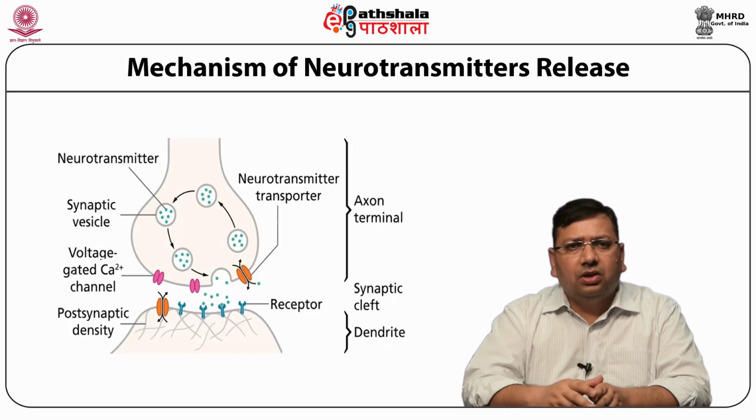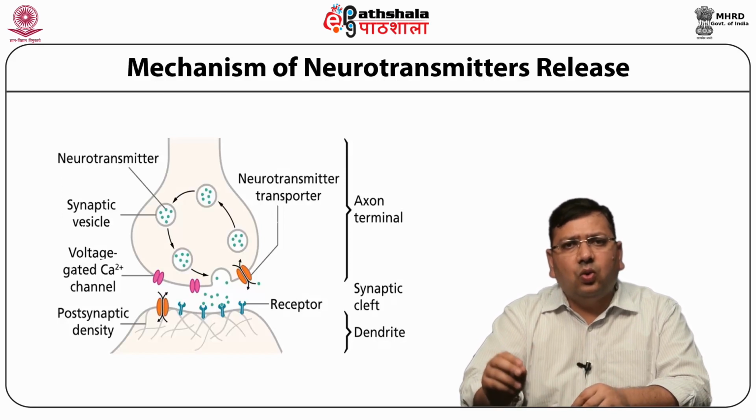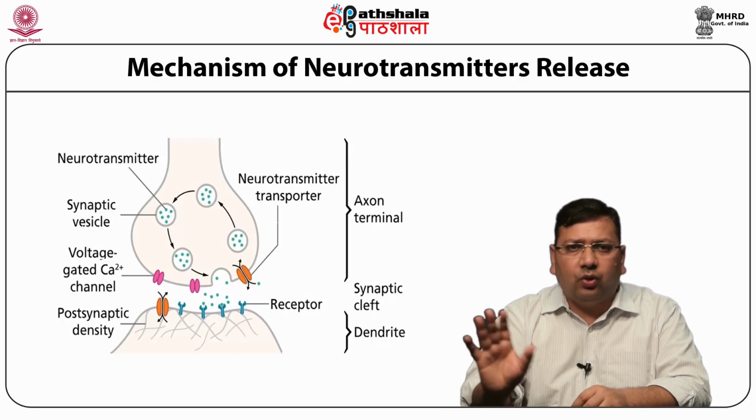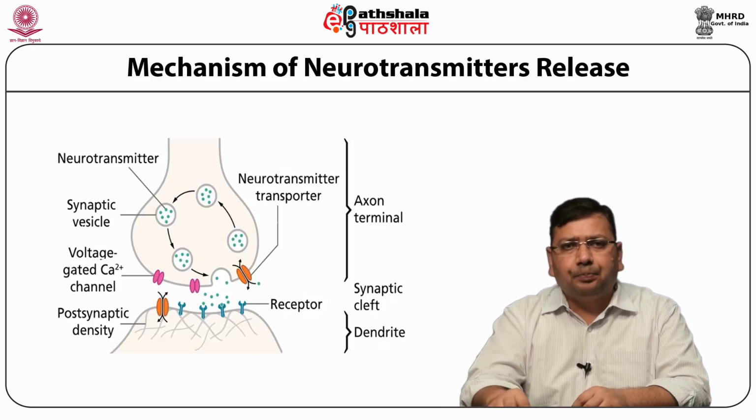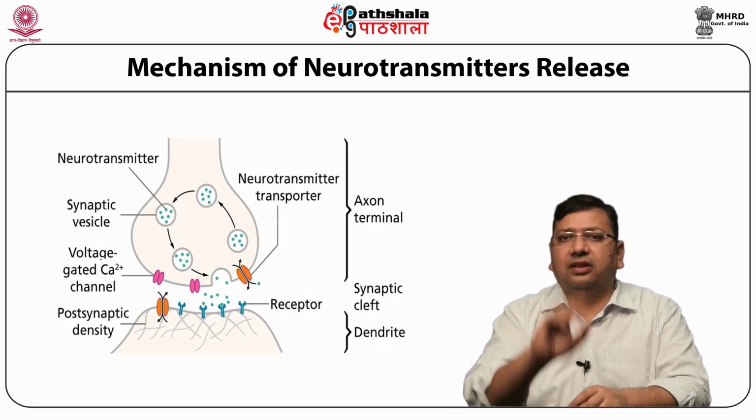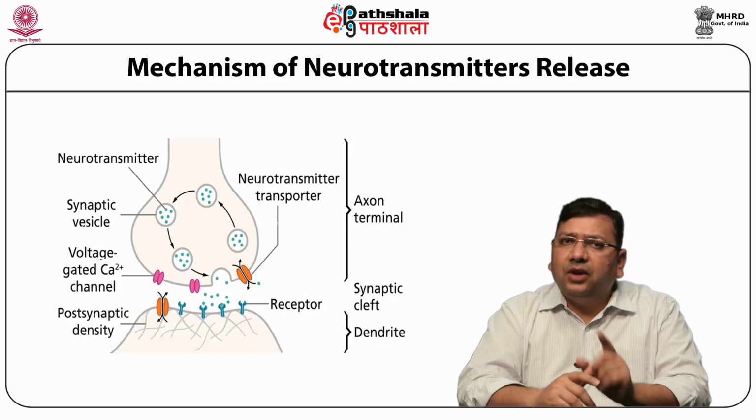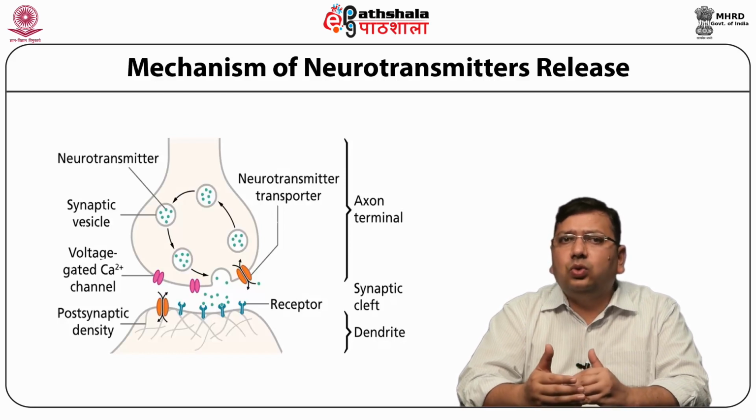Number one, the secretion occurs only at the synapse and is mediated by the arrival of an action potential at the axon end, which is generated by voltage-gated channels. Number two, synaptic vesicles are recycled locally to the axon terminus after fusion with the membrane.